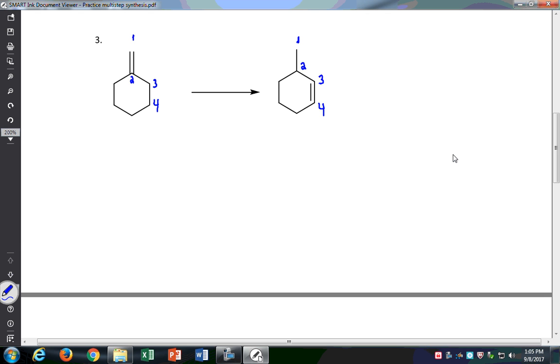So, what's going to be our first step? Yes. We're going to do an addition. What should we add? Halogen's probably the best. Again, we could technically do an alcohol, but then the alcohol is not a good leaving group.